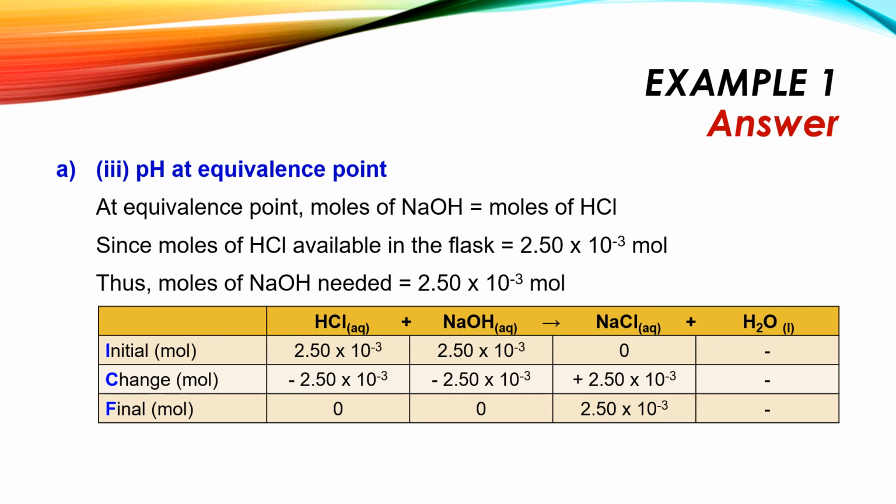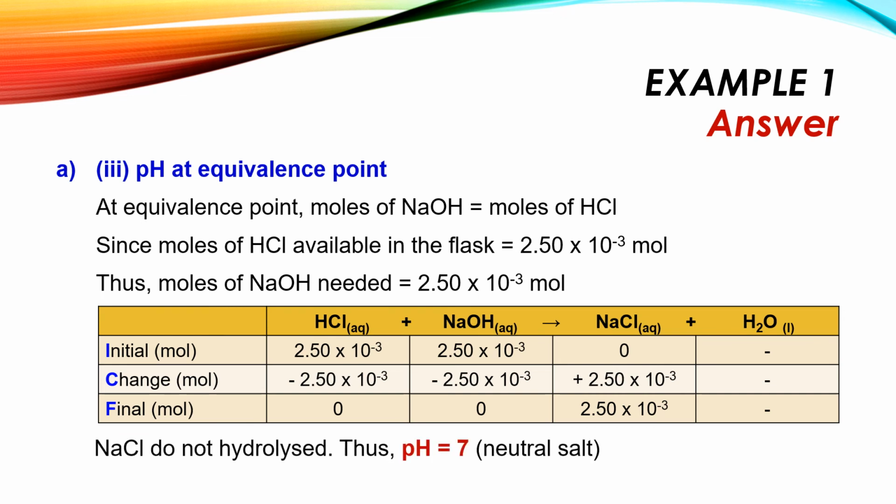At the end of the reaction, we can see that the hydrochloric acid and the sodium hydroxide are completely consumed in the reaction. Thus, it formed 2.50 × 10^-3 moles of the salt. The sodium chloride salt does not hydrolyze. Thus, the pH is equal to 7, which means the salt is a neutral salt.